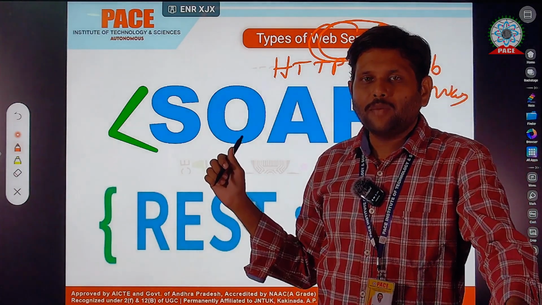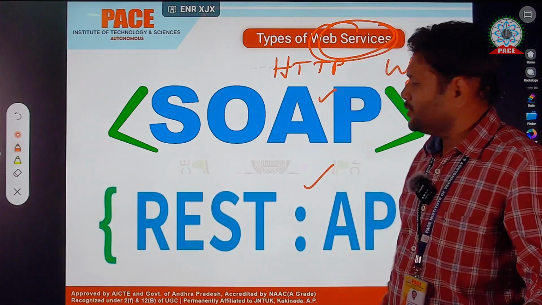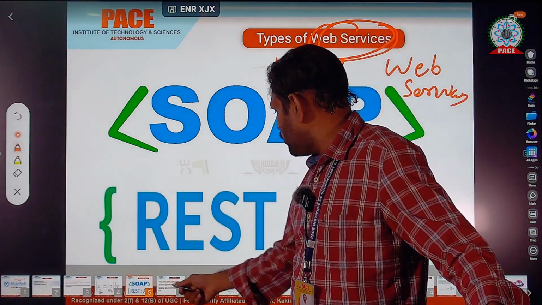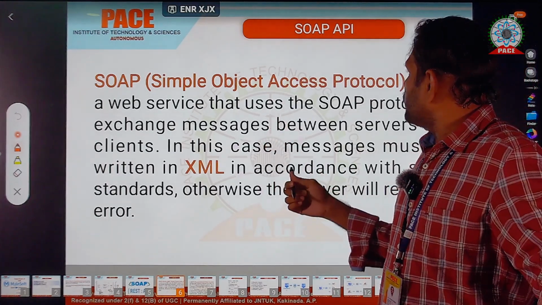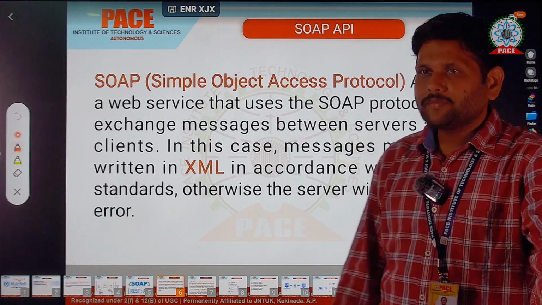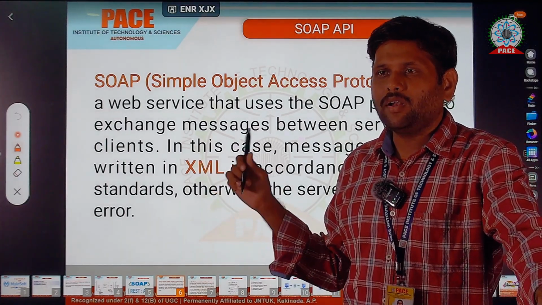We have two types of web services: one is SOAP and the second one is REST. Here we will see individually what SOAP and REST APIs are. SOAP is called Simple Object Access Protocol. It is also an API; we can create either SOAP APIs or REST APIs.